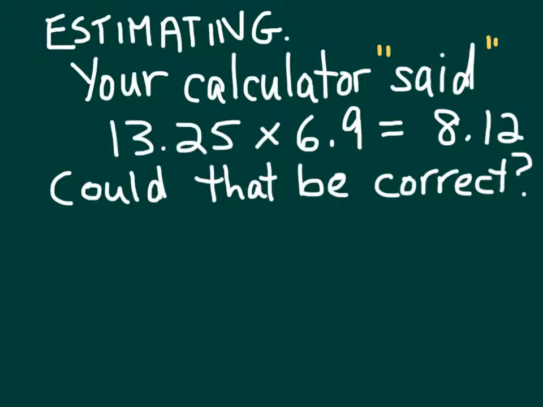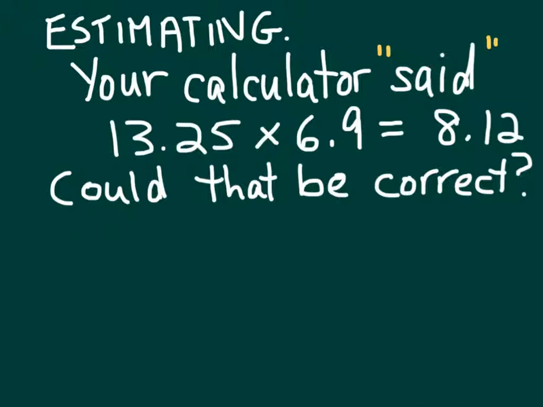And so what you would want to do would be to just think really quickly, could that possibly be a correct answer? Most of the time, you're going to put in the right numbers and in the right order, and the calculator will give you the right answer, right? But maybe you made a mistake.